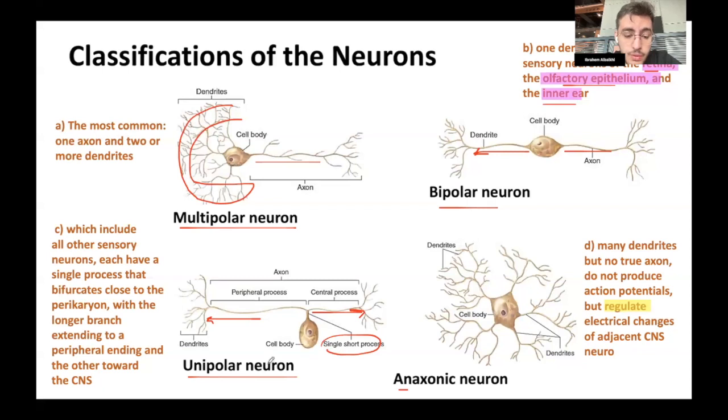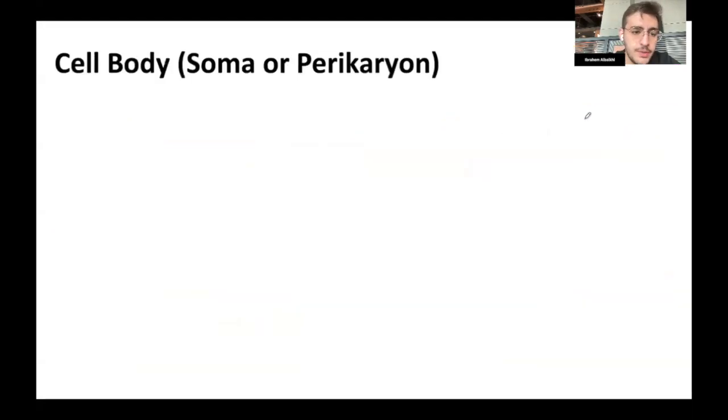And then your unipolar neurons, they're found in the peripheral nervous system, that is just the peripheral sensory nervous system. Okay, and I hope I can show you this in the upcoming slides. And then also the anaxonic are found throughout. So I think the main point that you can take away from the slide is that bipolar neurons are usually found in special sensation in the retina, olfactory epithelium and the inner ear.